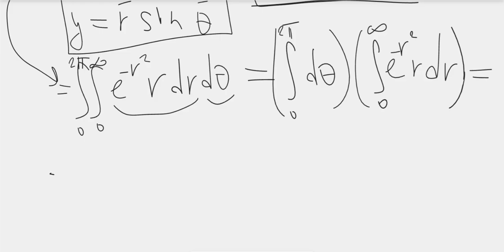So the first integral is very easy to evaluate. This is basically theta that varies from 0 to 2 pi.